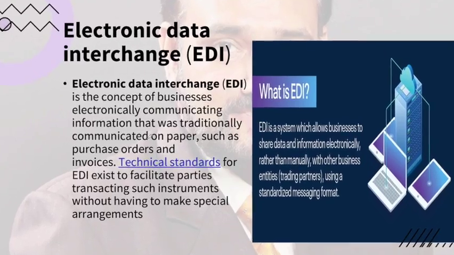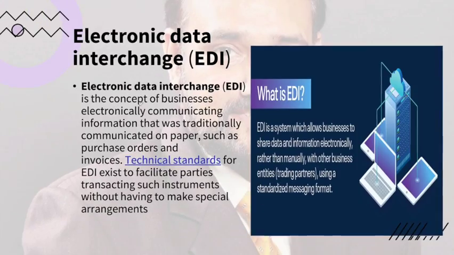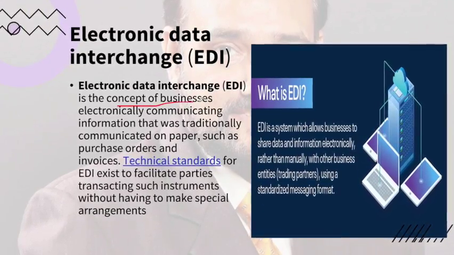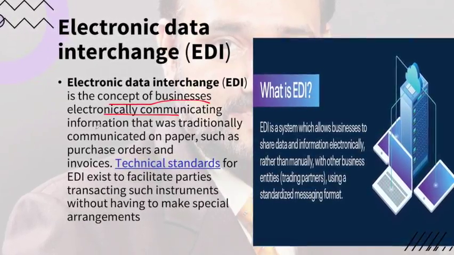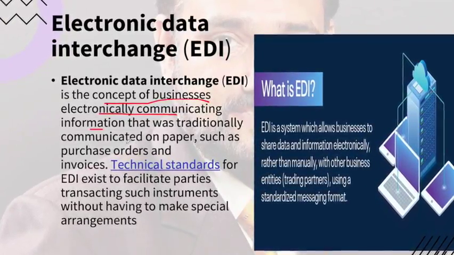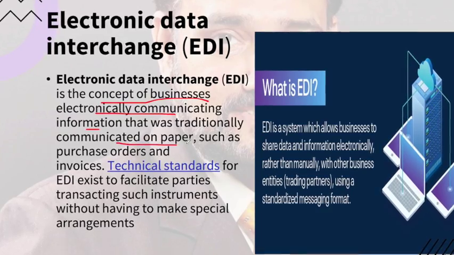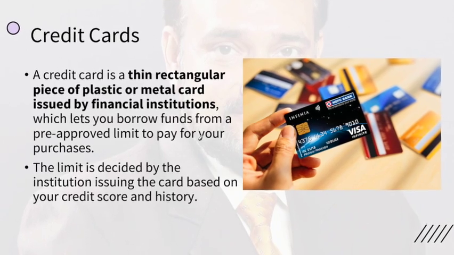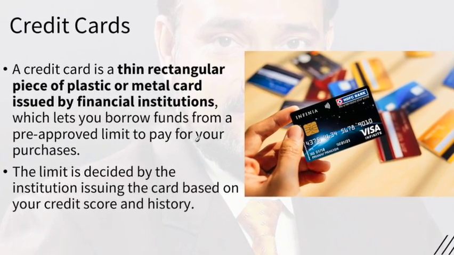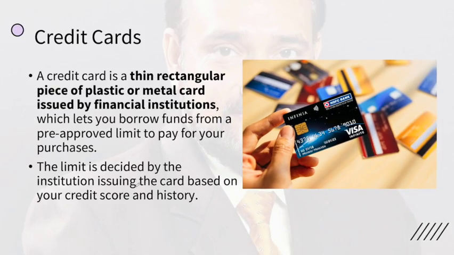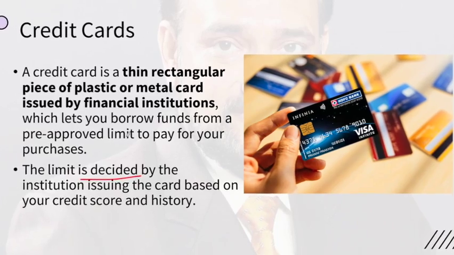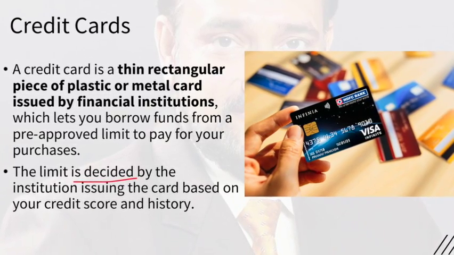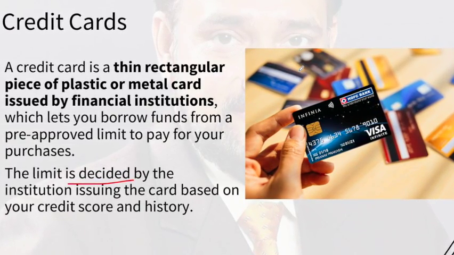Then electronic data interchange. Basically this is a concept of business electronically communicating information, which was earlier traditionally communicated on paper. Then comes the credit card. You must be knowing about it. There is a limit already decided by the bank and you can use this credit card to make the payment.